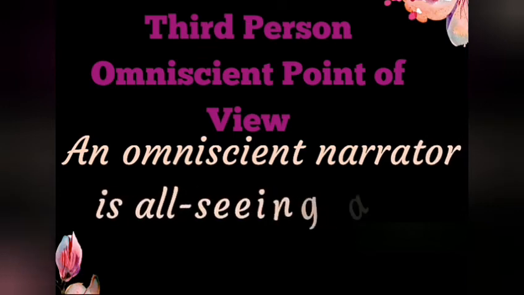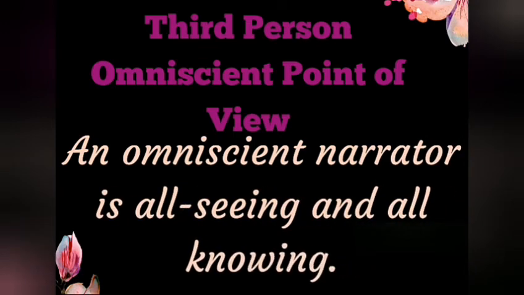Third person omniscient point of view. As the name implies, the omniscient narrator is all-knowing and all-seeing. He knows everything about all the characters in the story.